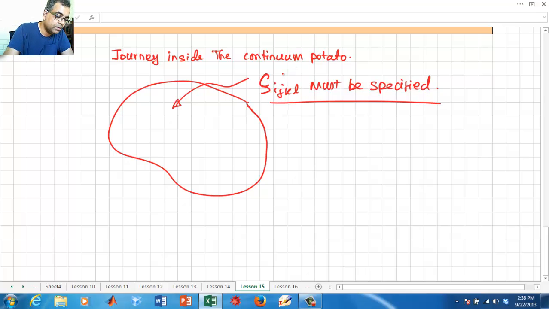This is the compliance matrix. And what else must be specified on the inside? We need to know the body force, F, must be specified.